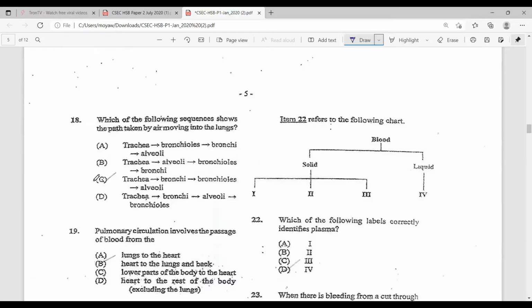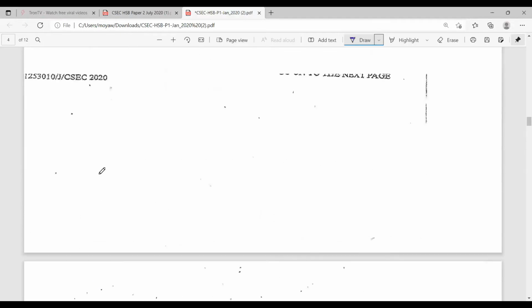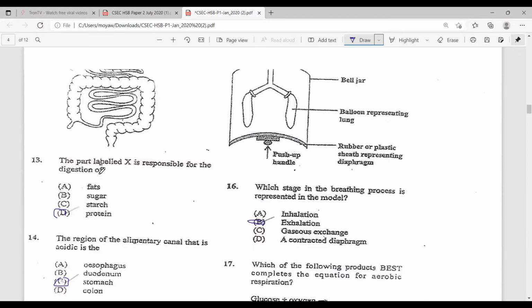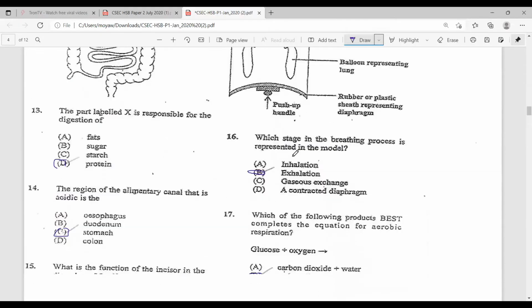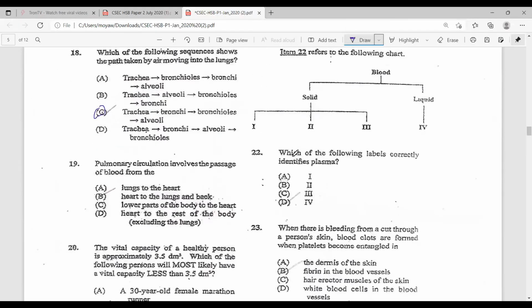So the best option is C. With a question like this, students, if you don't remember, you can always go back to the diagram at the top. If you remember, they gave us one. So this is the trachea. From the trachea, it would go to the bronchi, from the bronchi to the bronchioles, and then the alveoli, which is in the lungs. So that's why it's C.